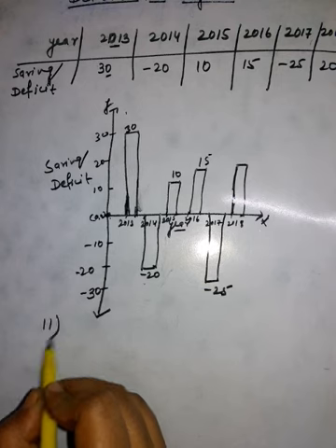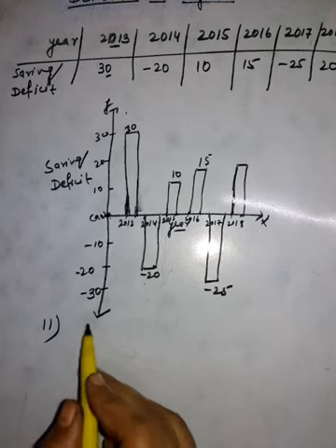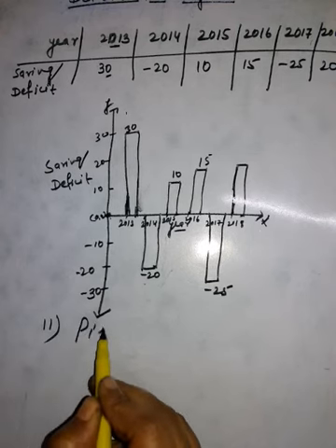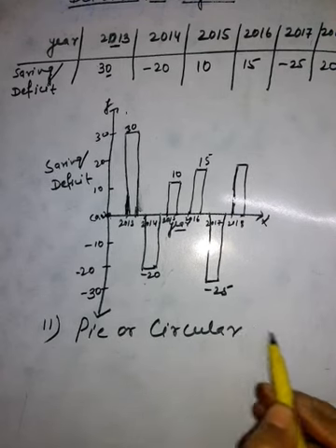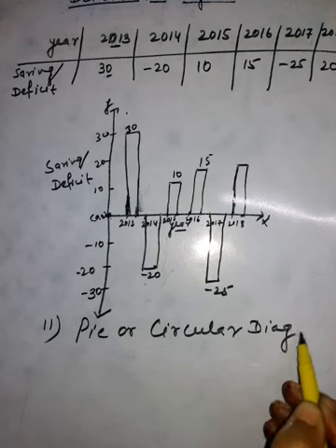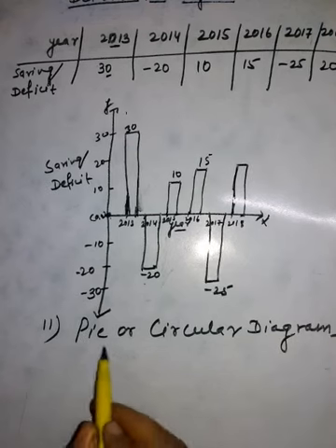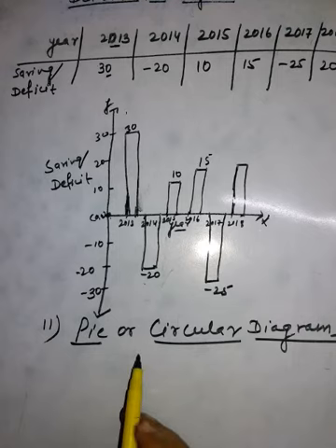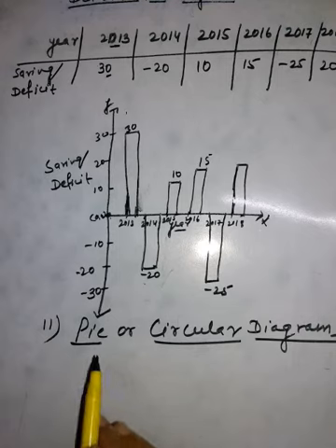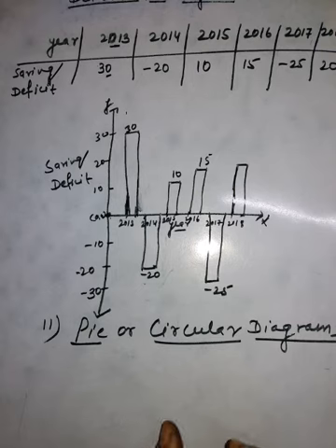Okay, second one is pie or circular diagram. Okay, what is pie diagram? Pie diagram is a circle divided into various segments showing percentage value of the series.